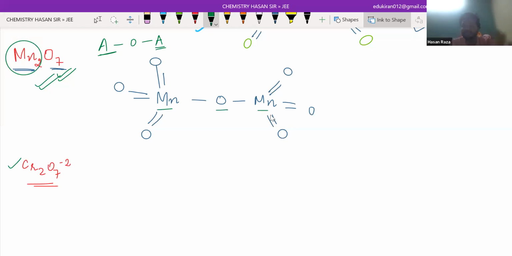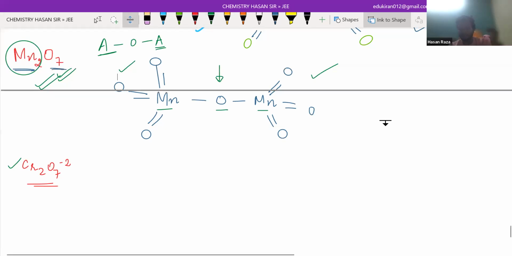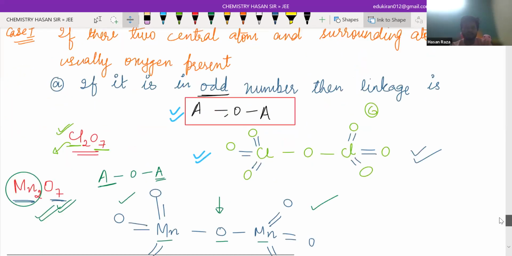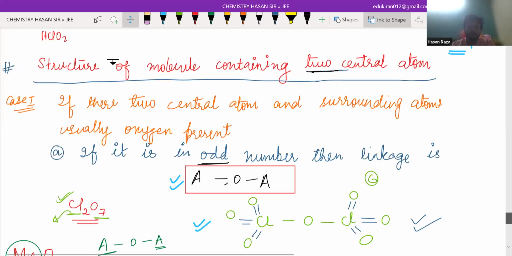Now you have 6 oxygen left because it was 7 and one oxygen comes between the two central atoms. Divide these 6 oxygen equally on the right manganese and the left manganese. And you know that oxygen, whenever it is a surrounding atom or corner atom, will make a double bond. So please take a screenshot of this and then we will move to the next.